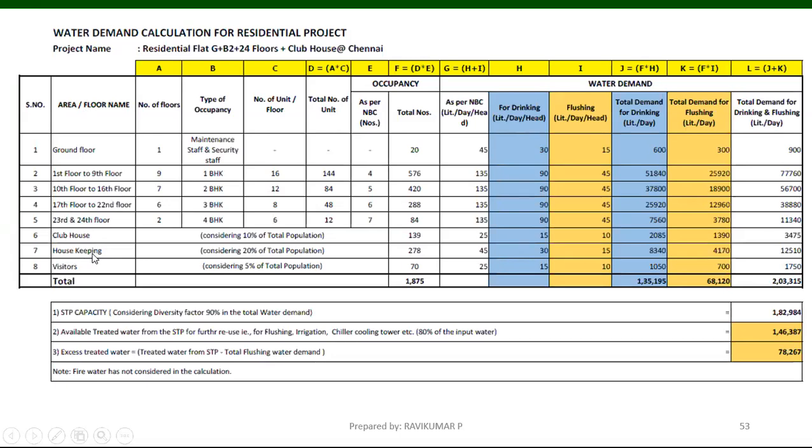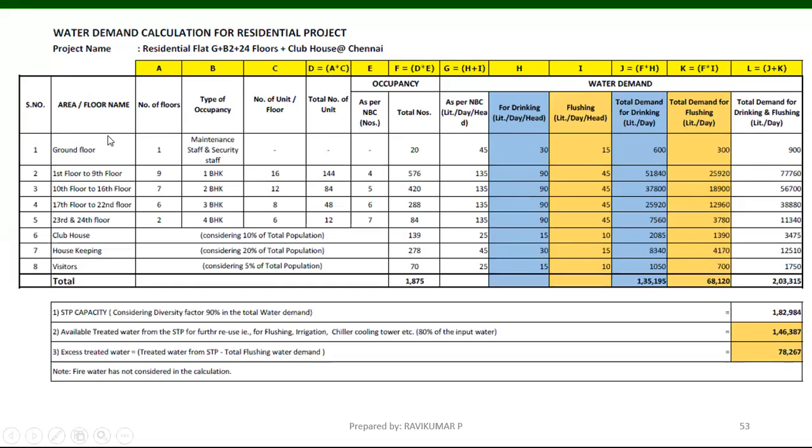For a residential building, housekeeping maids or people will be there. Visitors or guests will be there. Everything you have to consider. So this is a typical tabulation for a residential building.